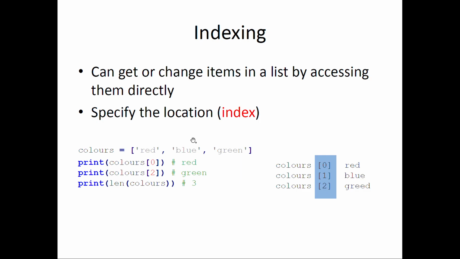From our eyes, we can see that it's blue. But then, using a computer, you would say the blue color is at index 1, right? Because we start by index 0. Remember, we always start by index 0. So we have index 0, index 1, index 2. And when we say indexing, it's just a matter of getting at each and every item of these lists.